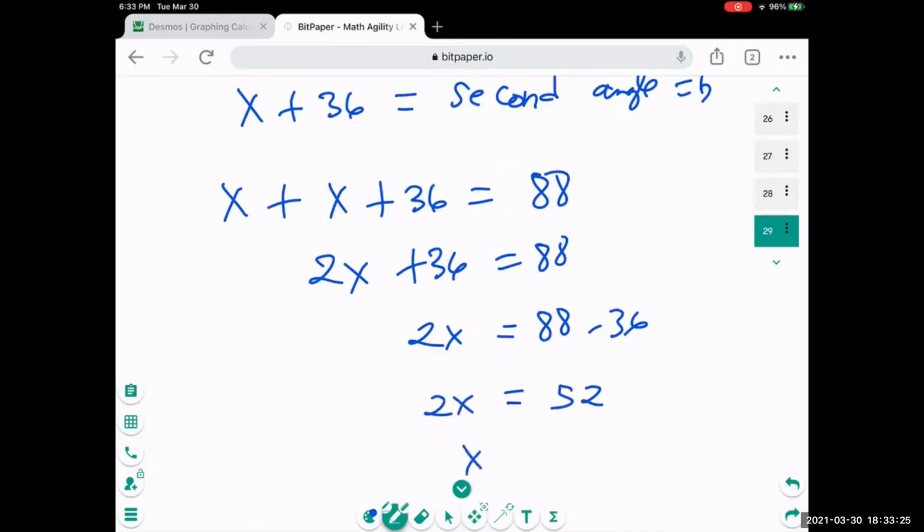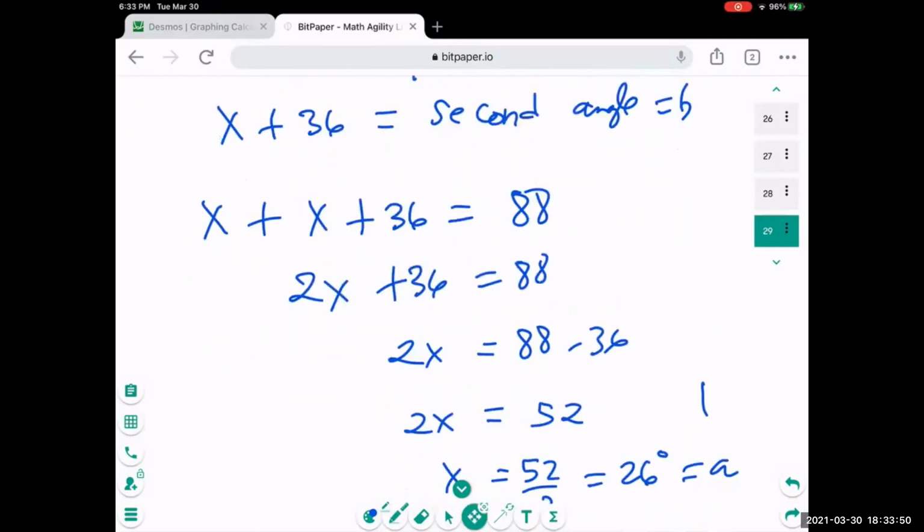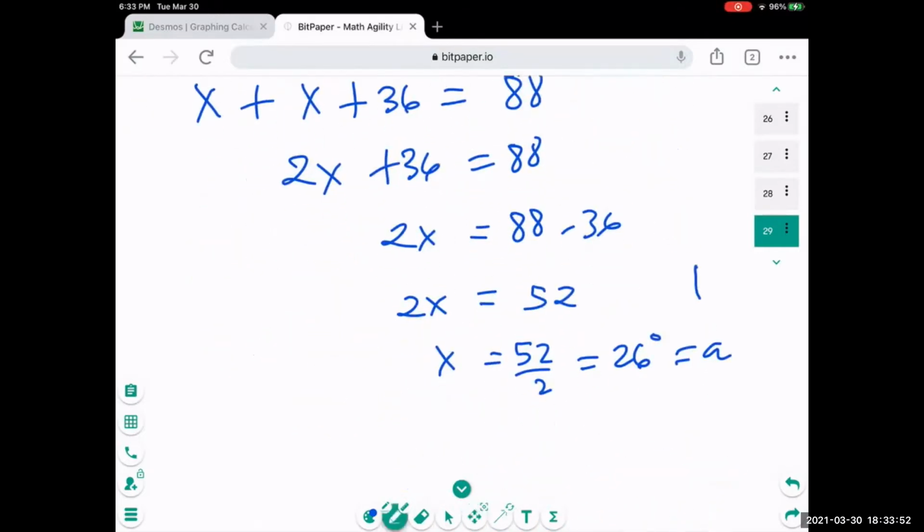So x would be 52 divided by 2, which is 26 degrees, right? So A would be 26 degrees and the other is x plus 36, so B is 26 plus 36.